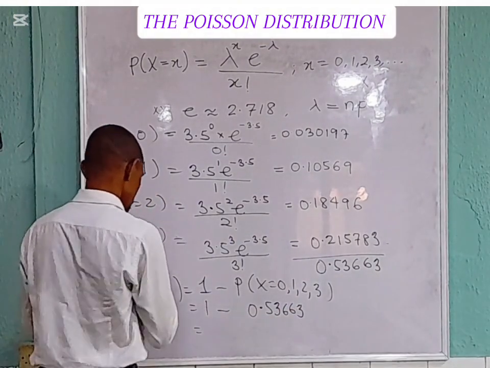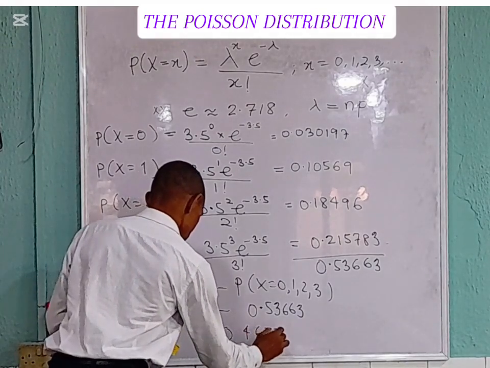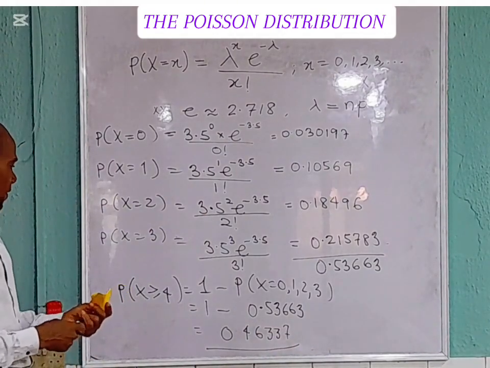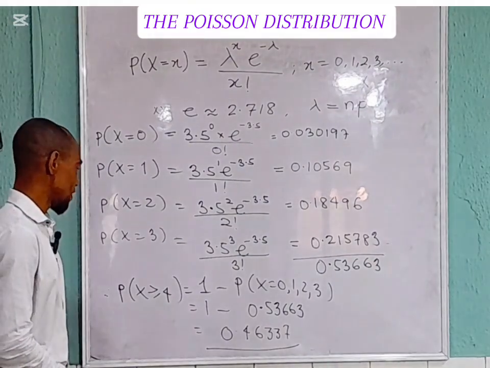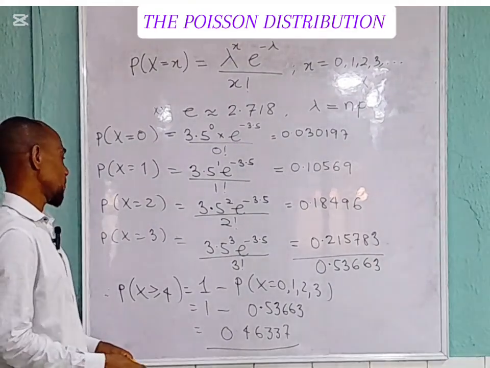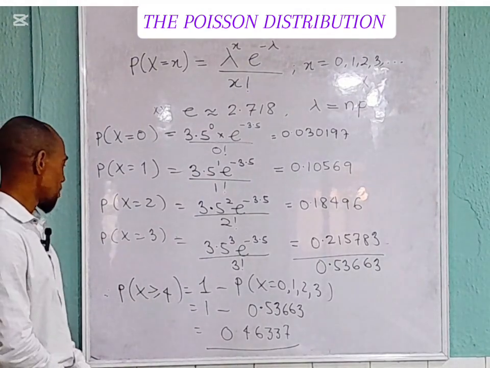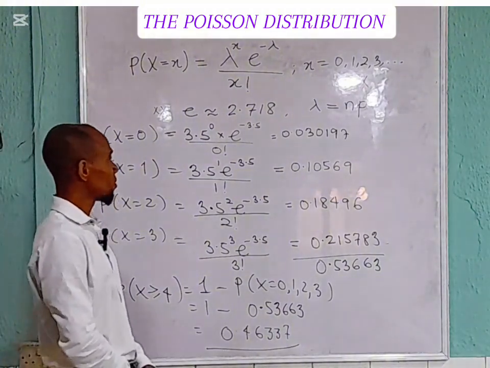When you compute this, you're going to have 0.46337 as the final value for the probability of having at least 4 defectives from the consignment of 50. And that exactly is how the Poisson distribution pans out, completely different from binomial distribution.